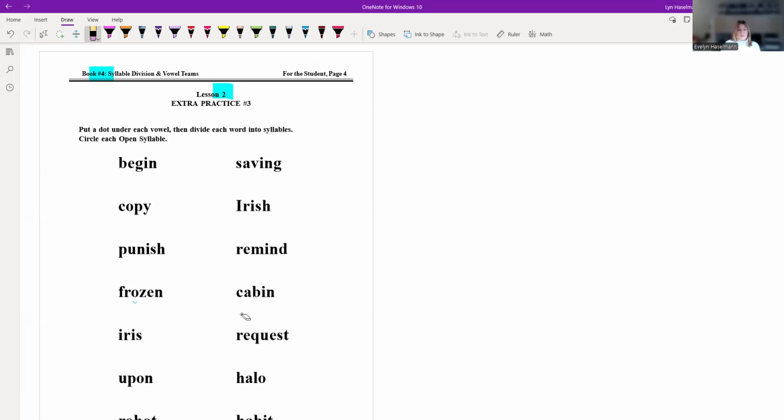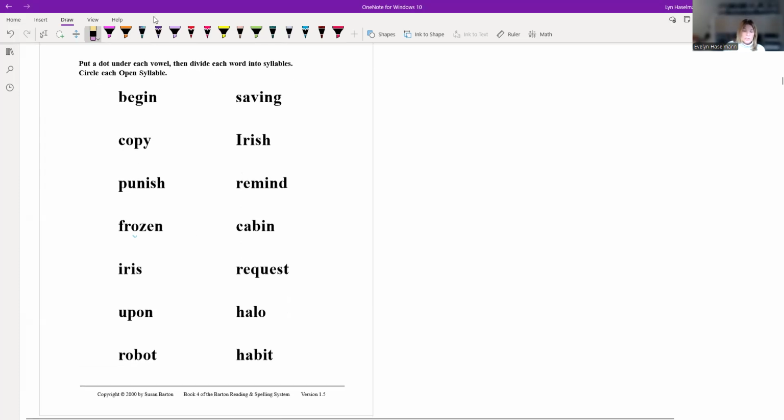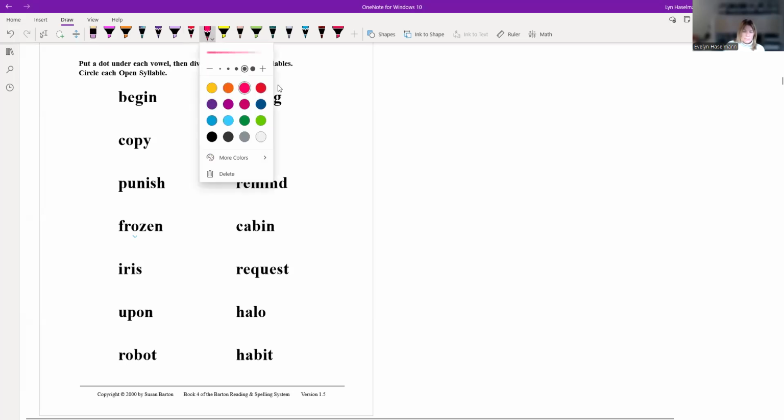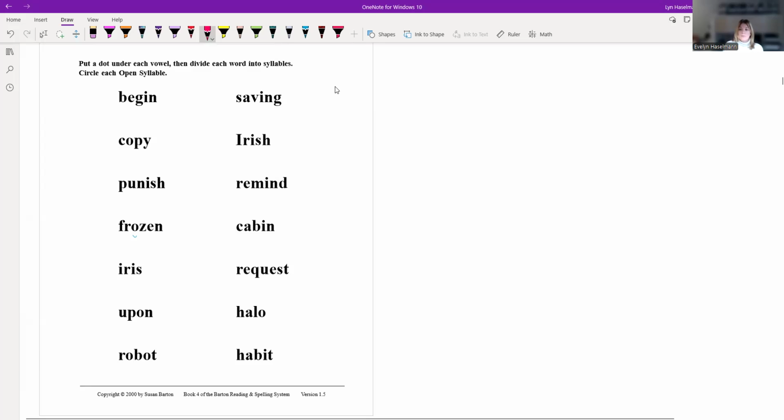So put a dot under each vowel and then divide it into syllables. I do want to do this with you so that you have some good strategies for your student if they are on the struggle bus with this, okay? So put a dot under each vowel and then divide them into syllables. Make sure that they become a word, right?